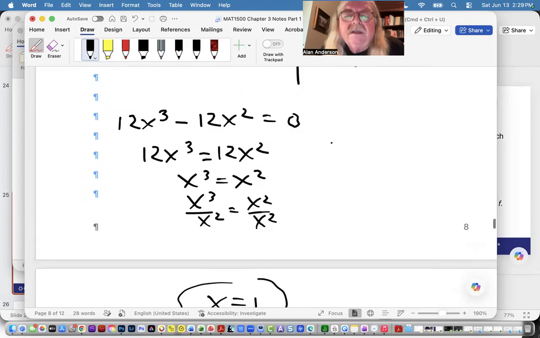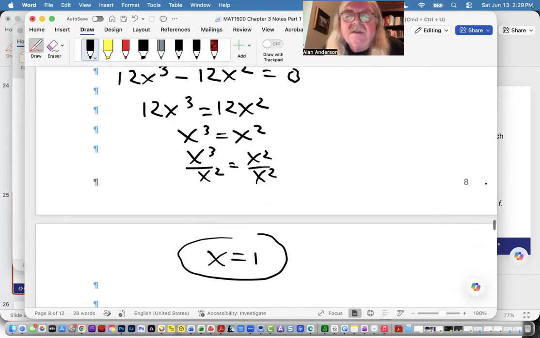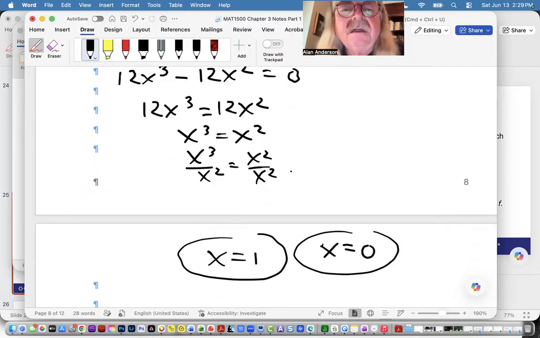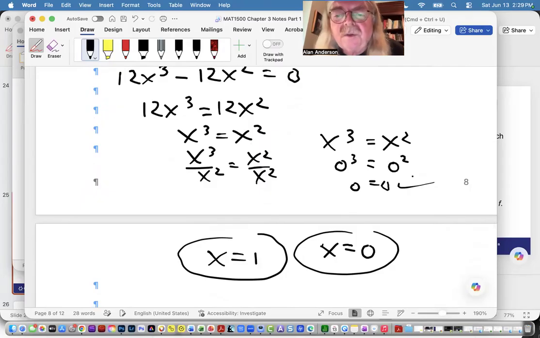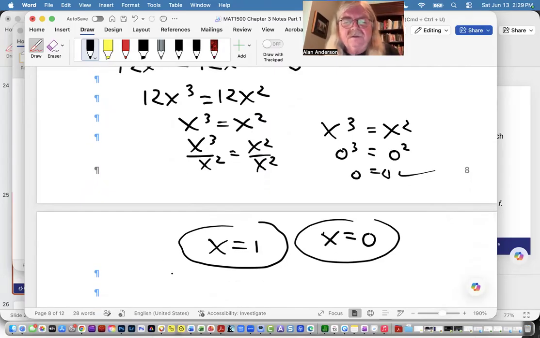That's an interesting point. Zero counts too, doesn't it? Yeah, that's true. So technically, those are both critical numbers or critical values, but only one of them, from the graph you can see, is actually an extremum.